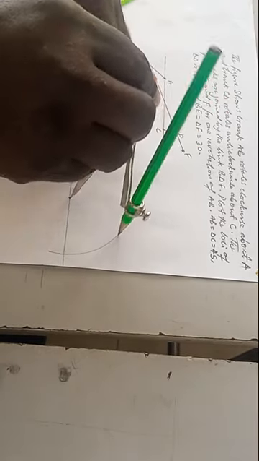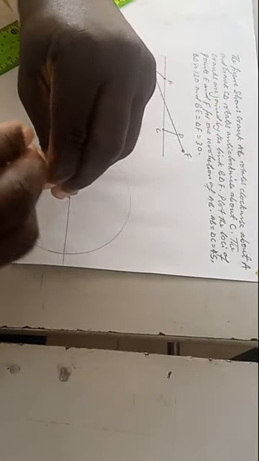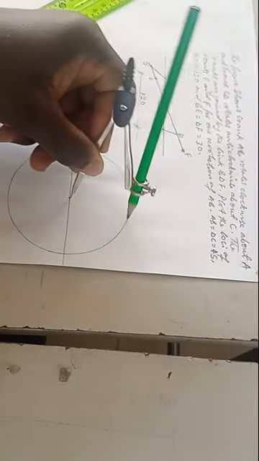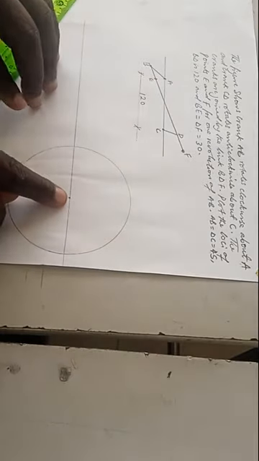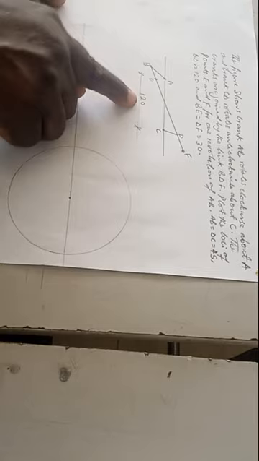So we draw the circle of radius 45, because it says the length of the crank is 45, and that will give us a circle. Now this will represent my C. From this center to A is 120.